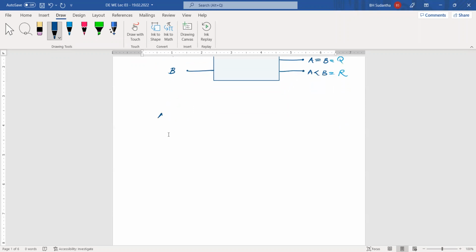Then we have two input columns, A and B. And we have three outputs, P, Q, R. P is A greater than B. This is A equals B. This is A smaller than B. Okay. Then we can fill this truth table.